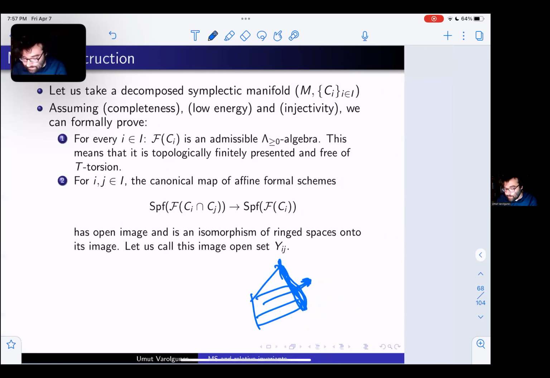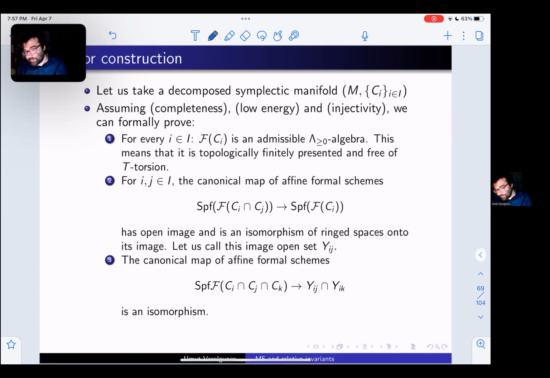Well, this is the second part. You also need a cocycle property. And the cocycle property is also true because if you have something like this triple intersection, what you have is the relative symplectic cohomology of this triple thing, and that's going to be isomorphic to: you localize at this generator, you localize at this generator, and you look at the intersection of those two.